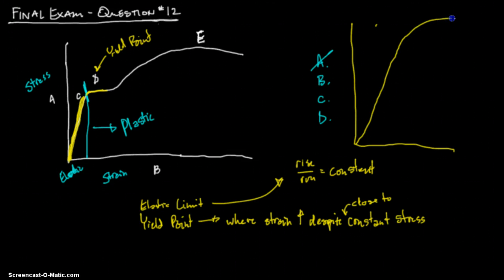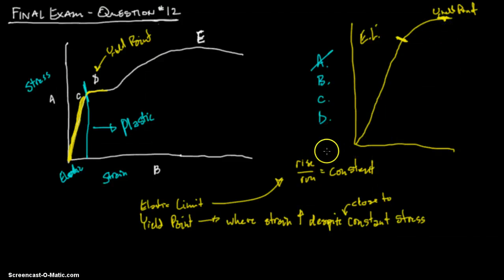So I would say this would be your elastic limit, which I'll abbreviate EL, and this would be your yield point, where that piece of metal just starts to deform, and you will notice it deforms.